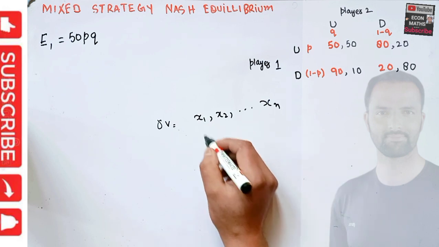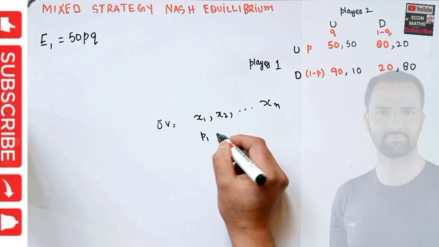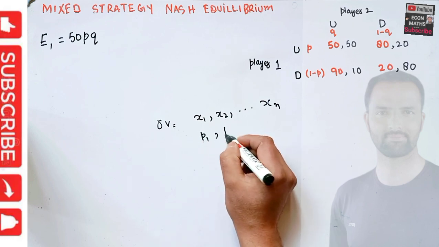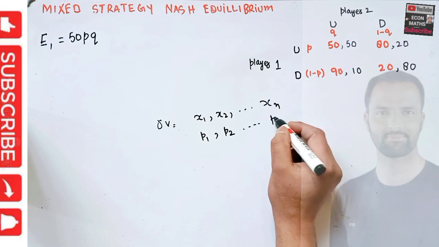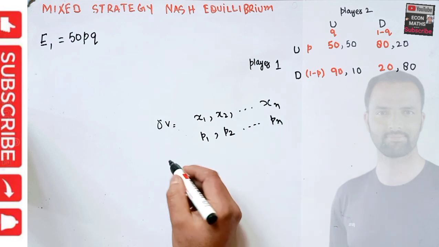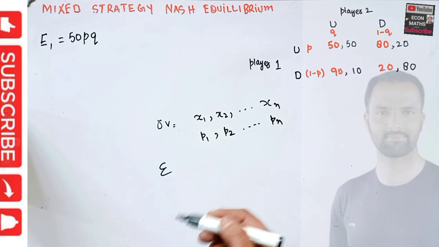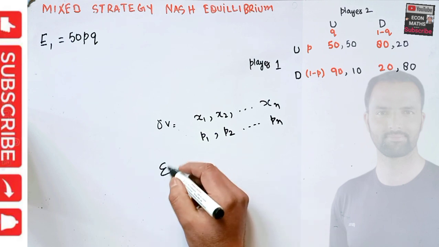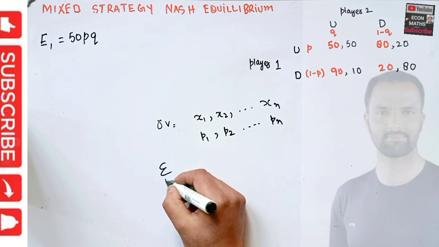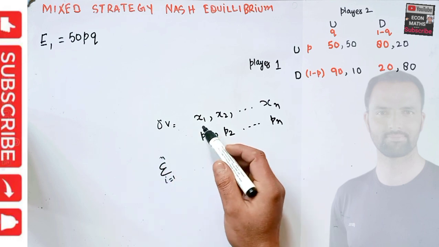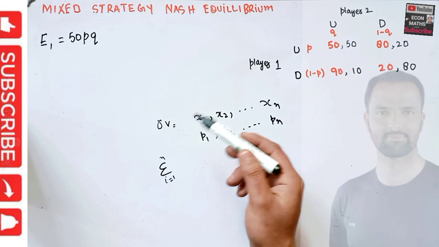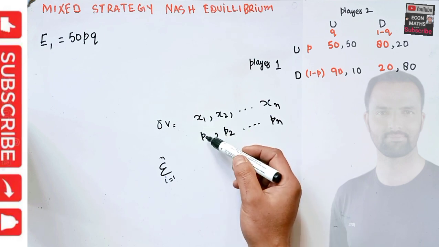Let us say x1 is being played with probability p1, x2 with probability p2, and similarly xn with probability pn. Then the expected payoff or expected value is the sum from i equals 1 to n, where we multiply each random variable with the probability associated with it.